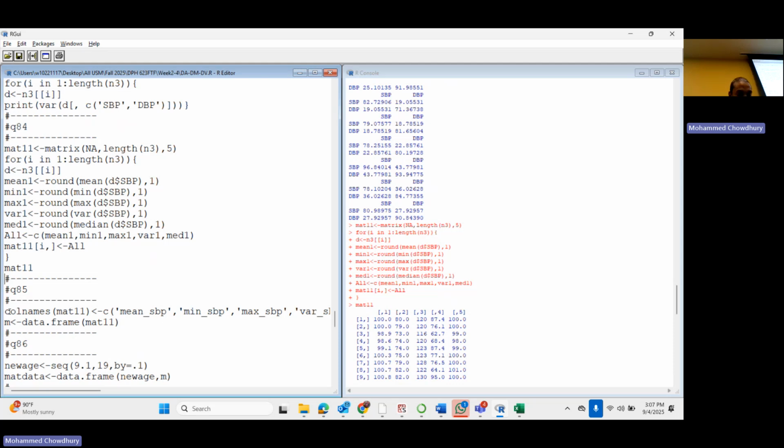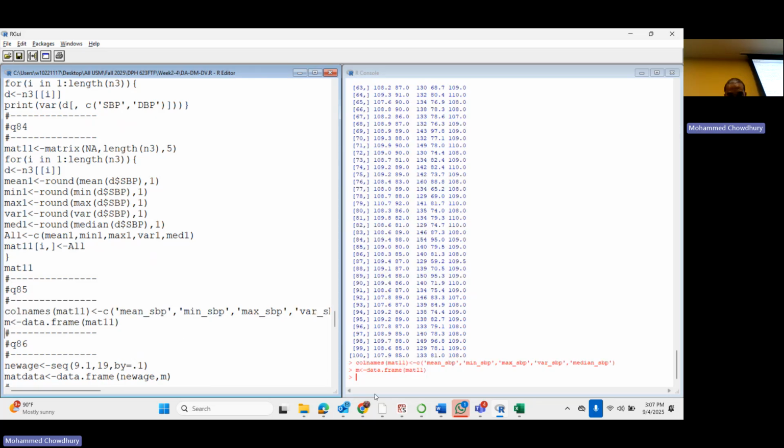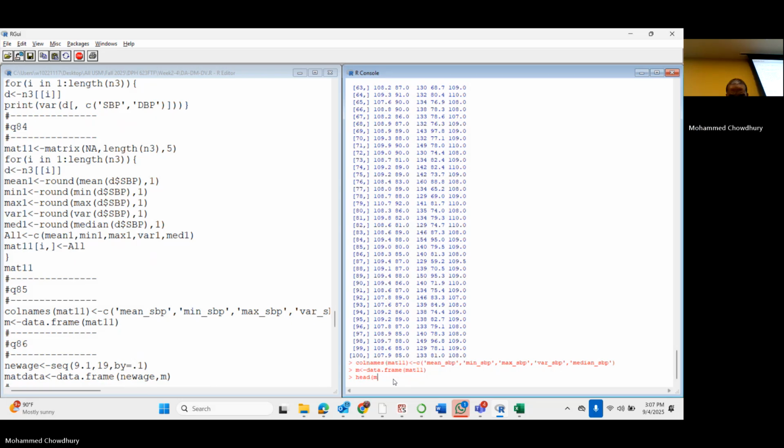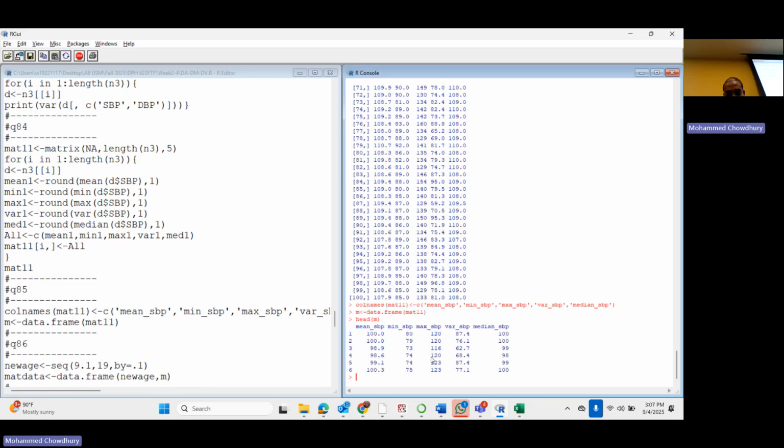Now it will be more beautiful if I put the names and finally if I write here head of M. This is the way I put it. Mat11 was the output. I put the column names of mat11 as mean SBP, minimum SBP, maximum SBP, variance SBP, median SBP, and finally got the output.